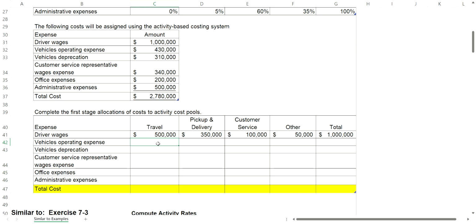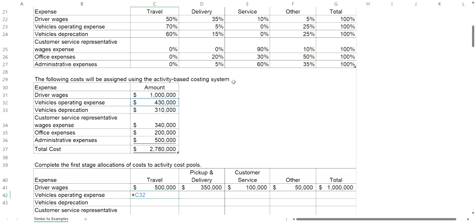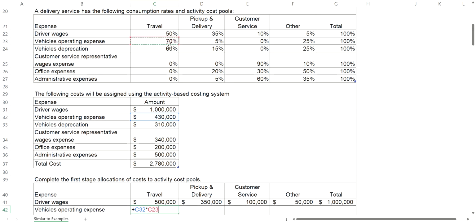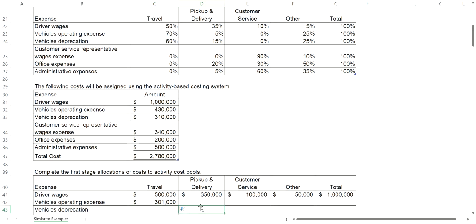Okay, let's do the vehicle operating expense, which is $430,000. For travel, it's 70%. I'm going to take $430,000 for pickup and delivery, it's 5%. I'm going to take the $430,000, and for customer service, it's actually 0%. So anytime it's 0%, that would be $0.